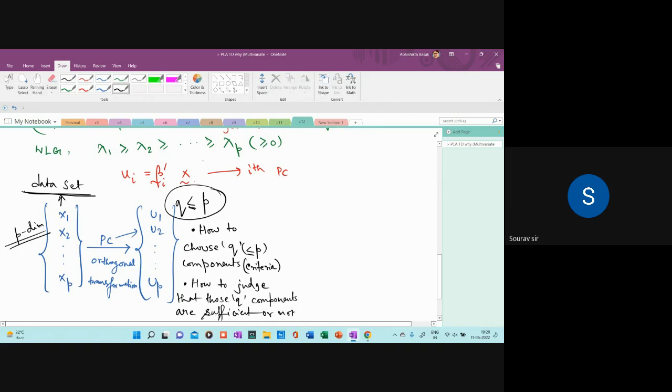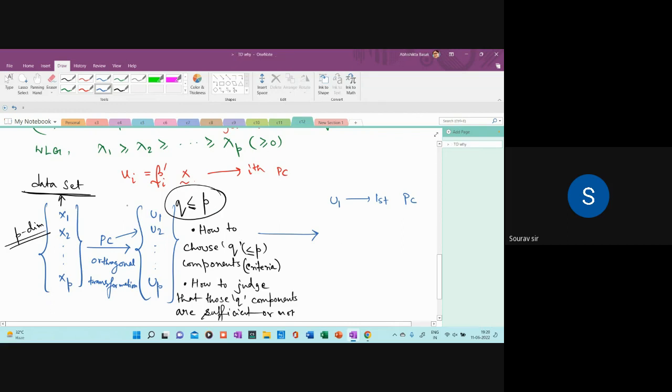So first, we are going to discuss this particular portion, which is totally mathematical. What does this portion say? If ui is the ith principal component, which we have already discussed, so let us take my first principal component, u1.